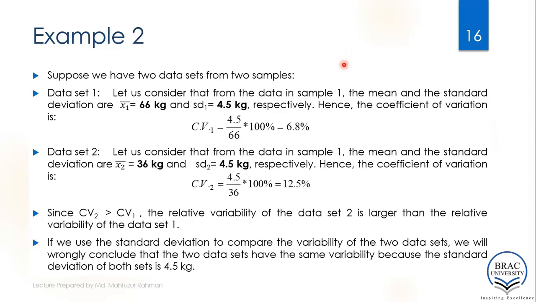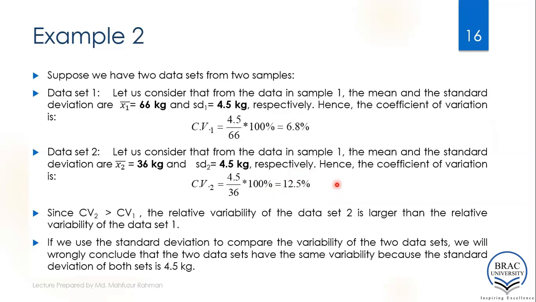Here we have two datasets from two samples. For dataset 1, the mean value is 66 kg and the standard deviation is 4.5 kg. For the second dataset, the mean value is 36 kg and the standard deviation is 4.5 kg. So you can't make any decision based on the standard deviation for these datasets, as both have the same value. Now let's move on to CV. The first dataset gives us a CV of 6.8% and the second gives us 12.5%.